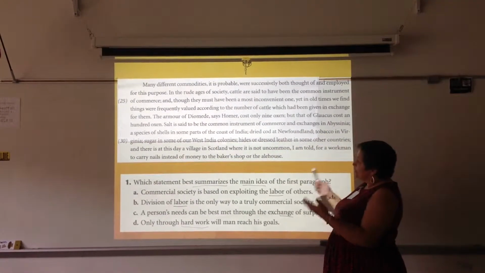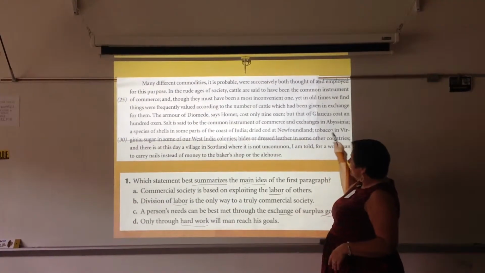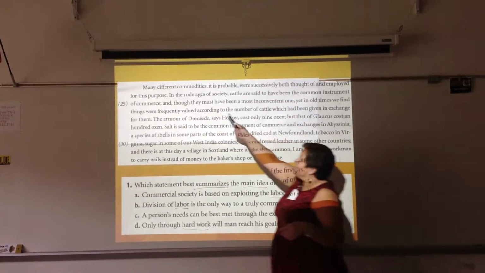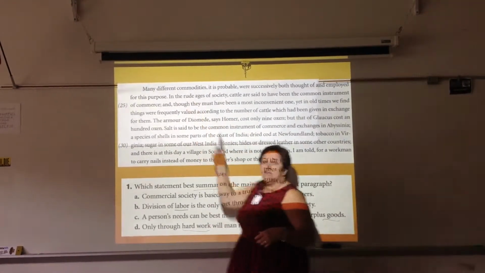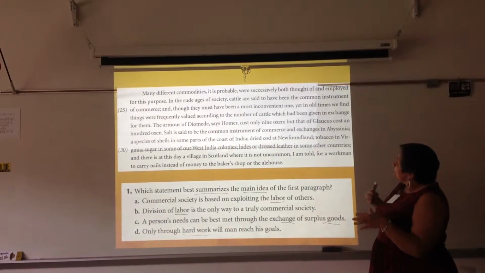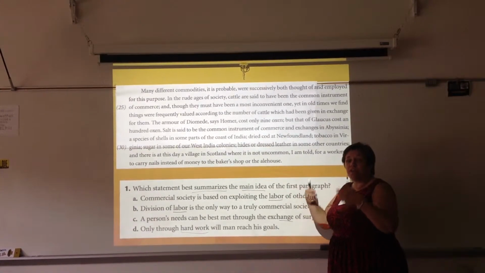Salt being something that you could pay with, shells, dried cod, tobacco, hides, dressed leather, all these things were commodities. There's that word again, commodities, things that we exchange. These are commodities that we can exchange to be able to reach our own goals or get what we need in life.